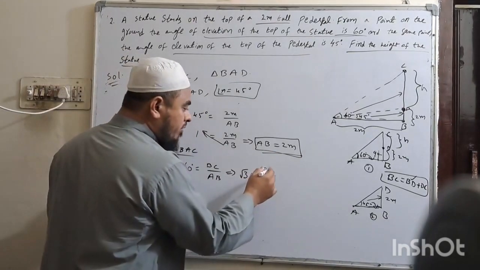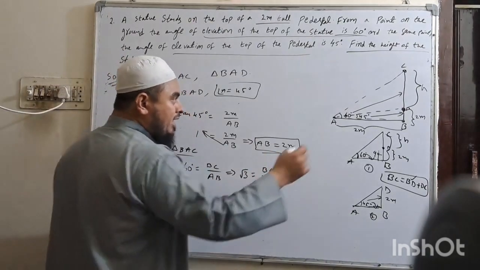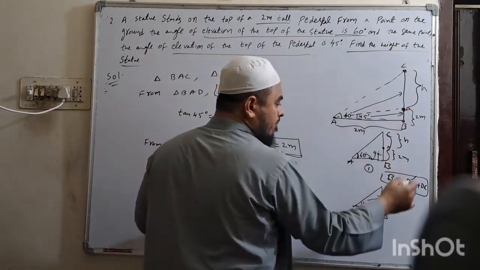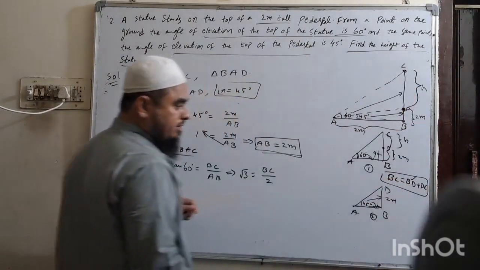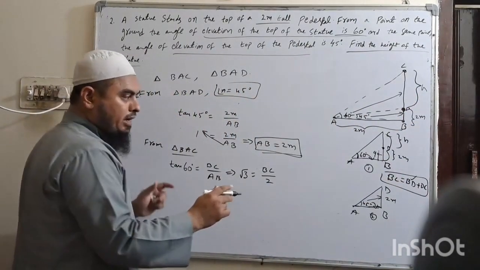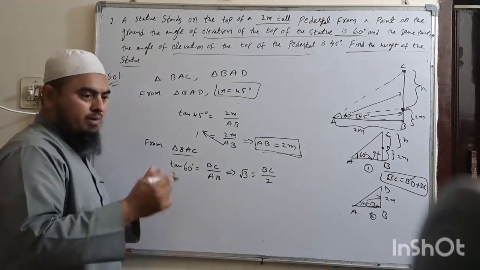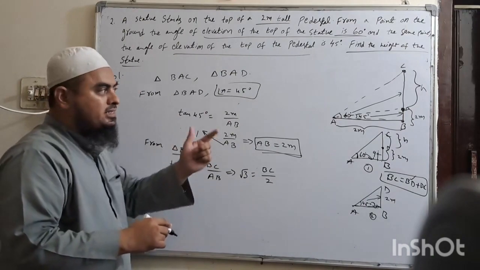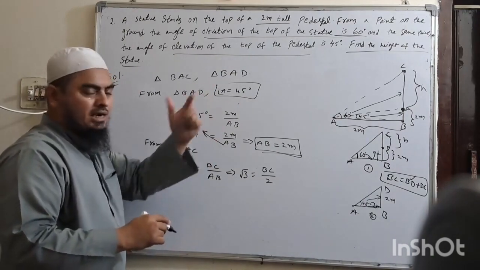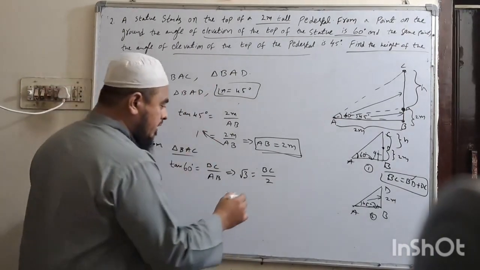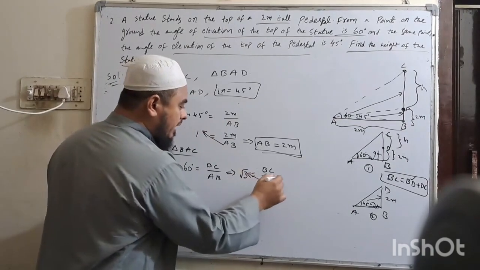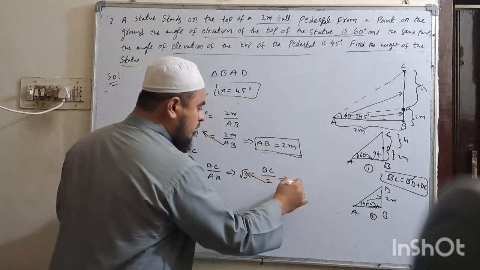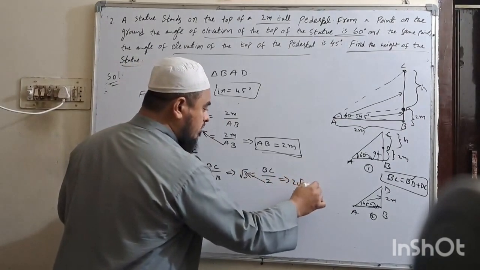So what we want to calculate finally is DC, but DC is a part of BC. So first we calculate BC, BD we know. From these two we can calculate the distance between D and C, that is the height of the statue. If we just cross multiply here, we get 2 into root 3 is equal to BC.